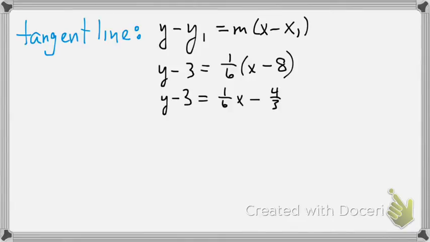If I distribute the 1/6 and then add 3, I get y equals 1/6x, and then that's going to be plus 5/3. Flying solo up here, apparently. So this represents the tangent line.